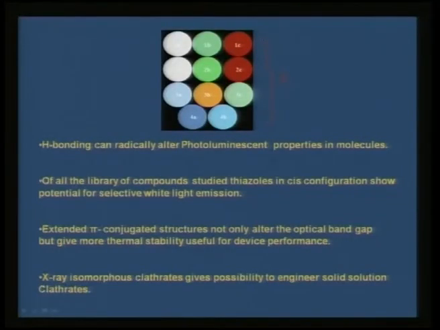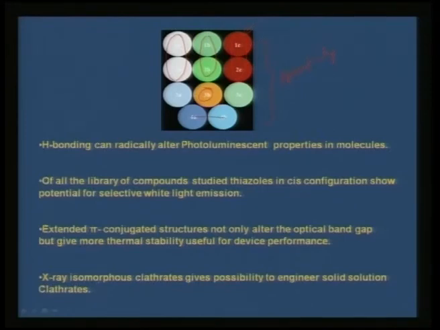In the first place, we looked at the specificity of these aromatic compounds, benz-heterosols, and I have shown you that 1A and 2A preferentially show white light, the imidazoles show green, and the oxazoles show red emission, and a combination of thiazole and oxazole or thiazole and imidazole leads to either orange or blue.